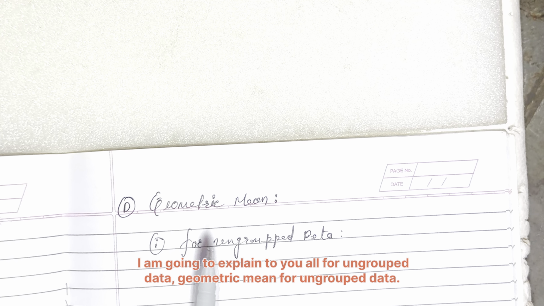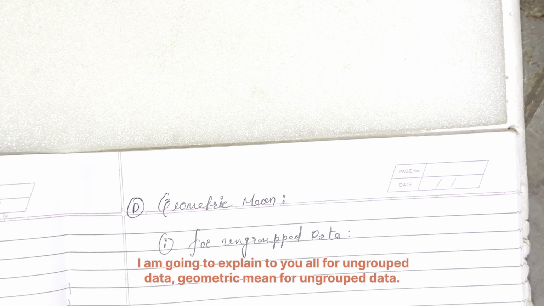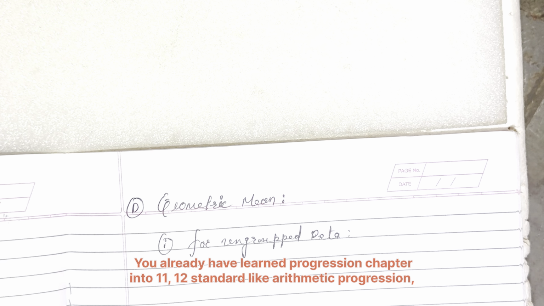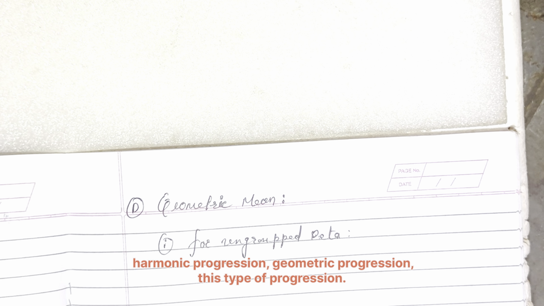So let's dive into today's lecture. I'm going to explain geometric mean for ungrouped data, with the basic concept. You already have learned the progression chapter in 11-12 standard, like arithmetic progression, harmonic progression, geometric progression.